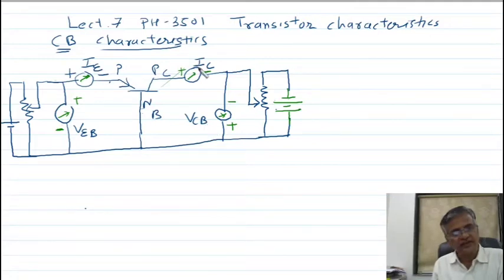The output characteristic is the graph of output collector current versus output collector base voltage for a constant value of emitter current. Let us see the input characteristics first.